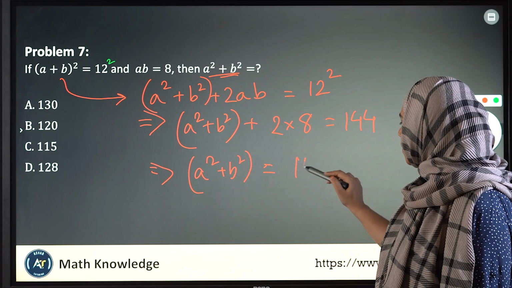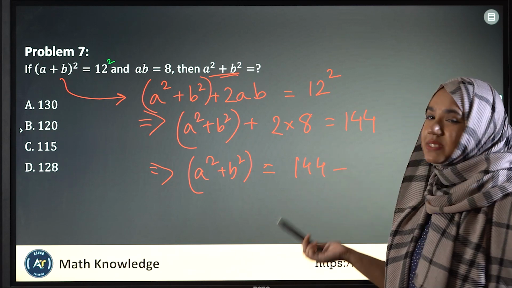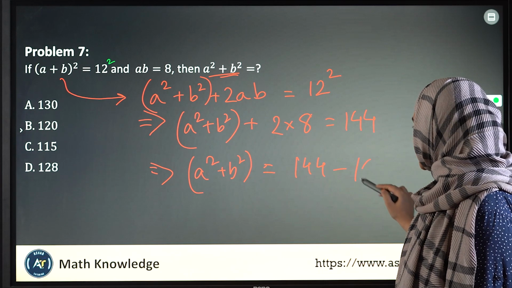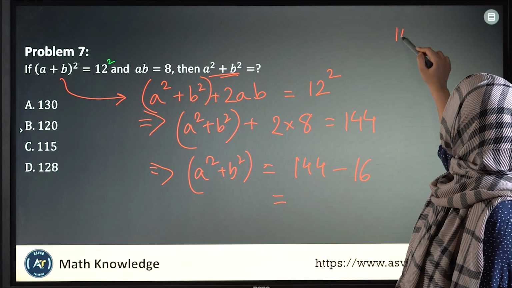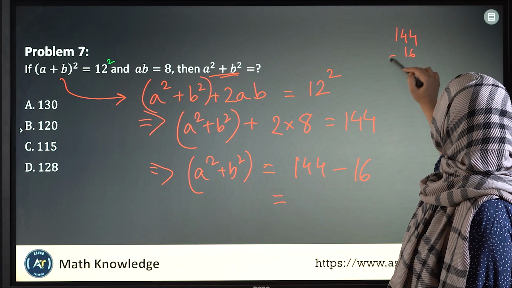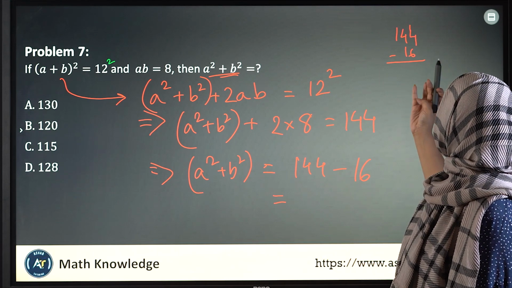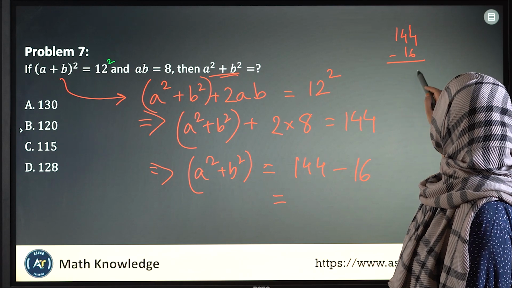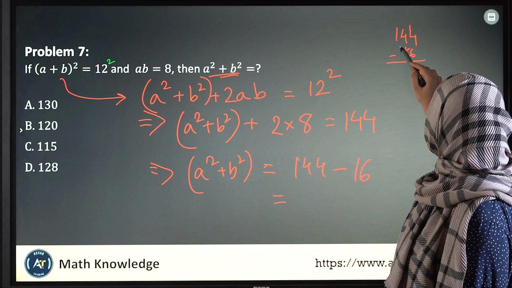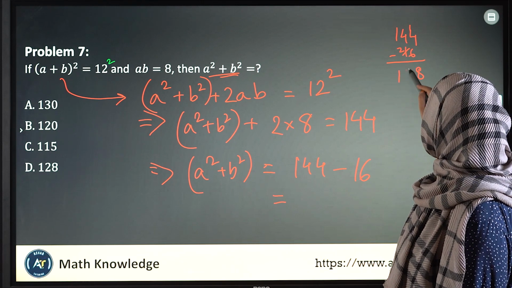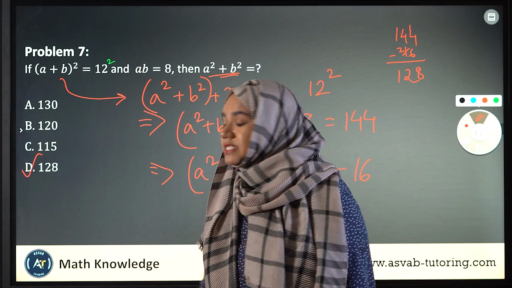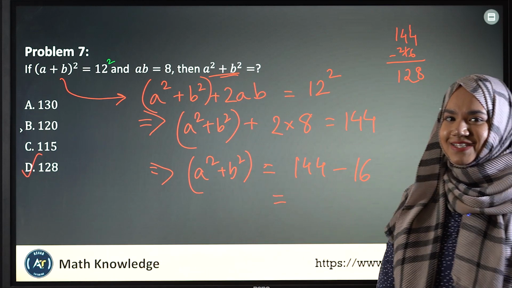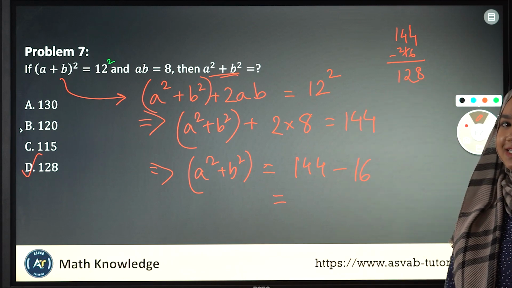Equals 144 minus 2 times 8, and that is 16. So if you do 144 minus 16, you can do the basic math here. 6, 7, 8, 9, 10, 11, 12, 13, 14. So that's 8. That's going to be 2. 14 minus 2 is 12. So the correct answer for this is option D, 128. All right? Hope this clears itself out.